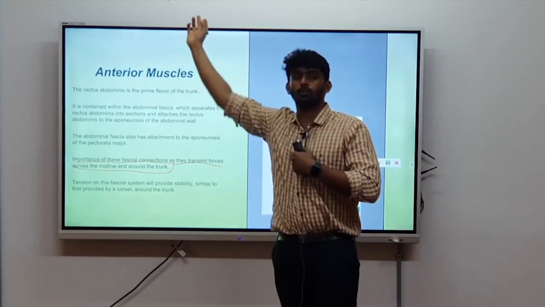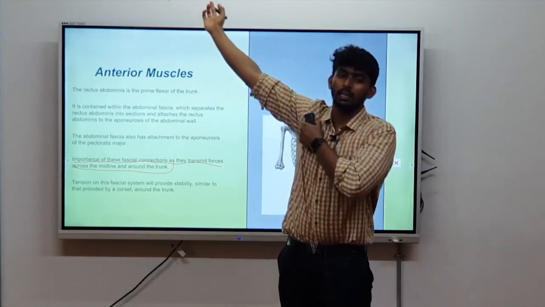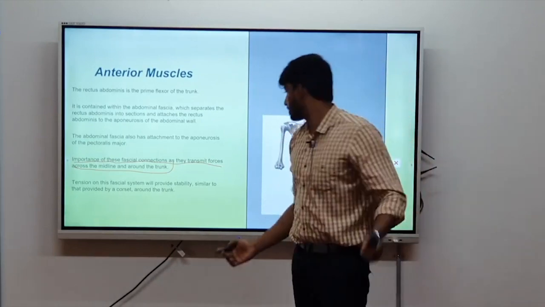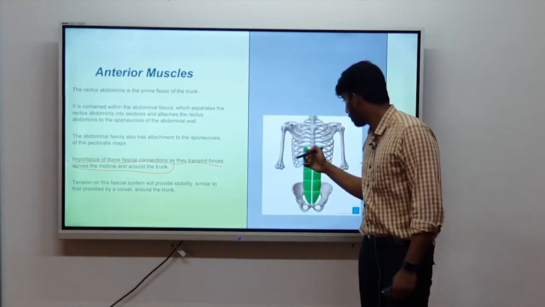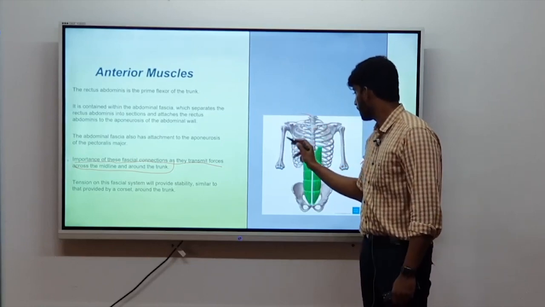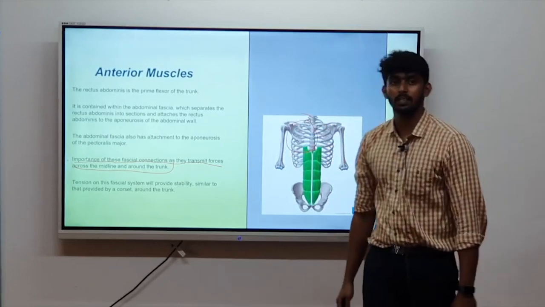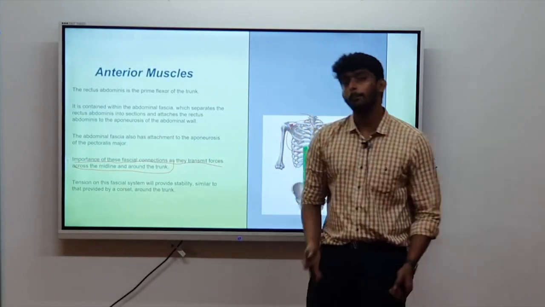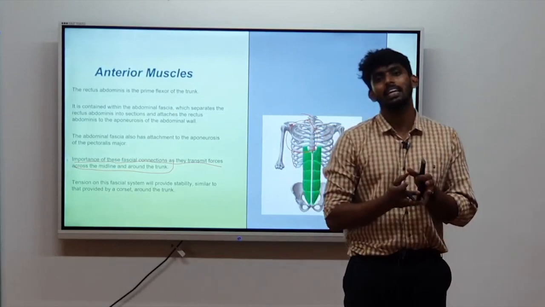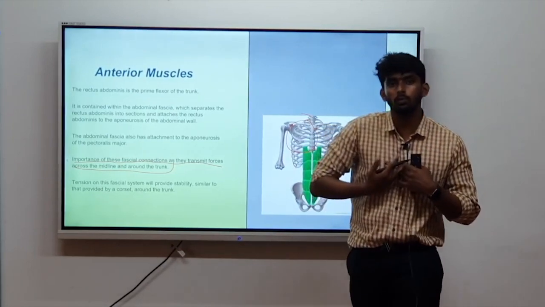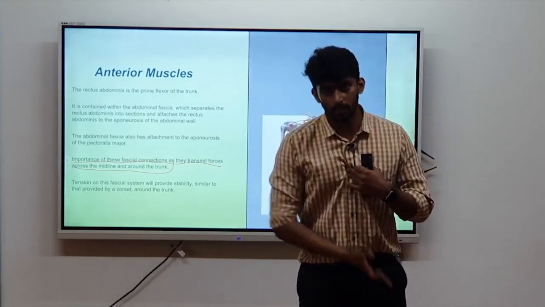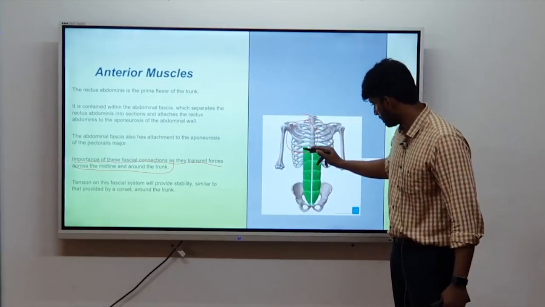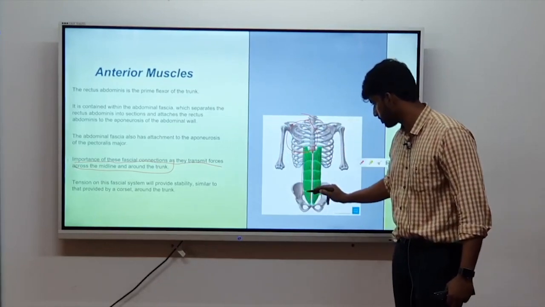So what happens is the transmission of the force from the wrist is controlled by the pectoralis major when you are going into horizontal adduction. As we mentioned, the abdomen has an attachment over the pectoralis major, which transmits forces across the midline and around the trunk. Obviously the torque produced by the pectoralis major will be transmitted down towards the trunk, the prime flexor, so the abdominal muscle has to get activated.